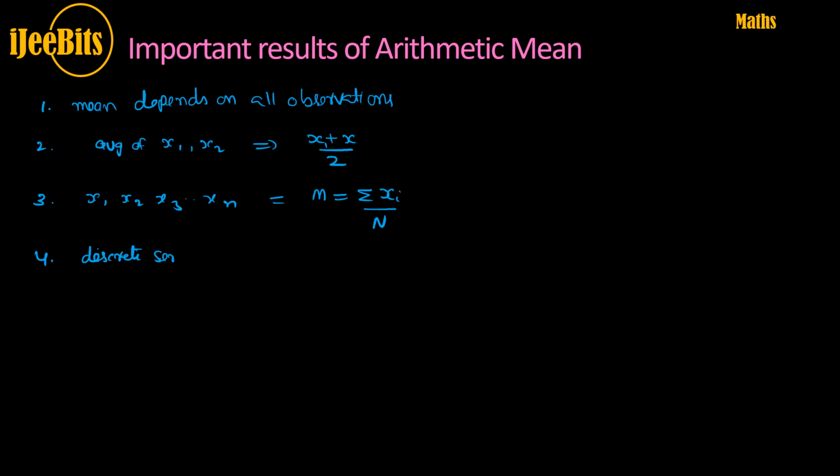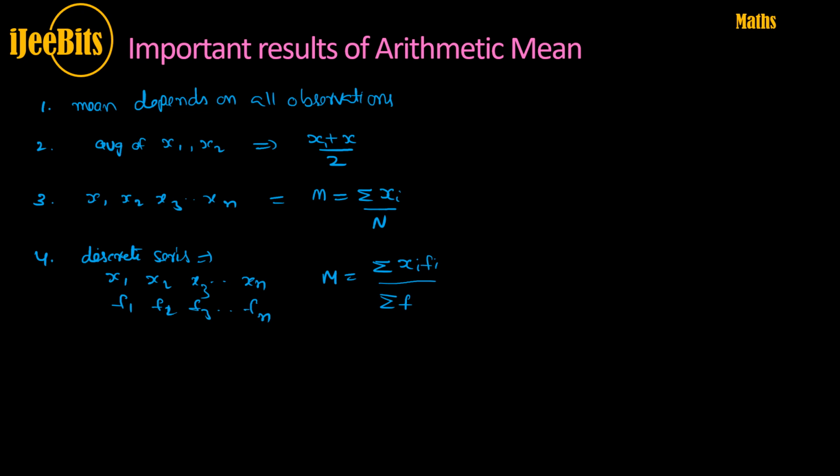We were given x1, x2, x3, and xn. We were also given the number of occurrences, f1, f2, and so on till fn. In this case, how do you calculate the mean? Sigma xi fi divided by sigma f. This is how you calculate the mean for a discrete series. You're clear?